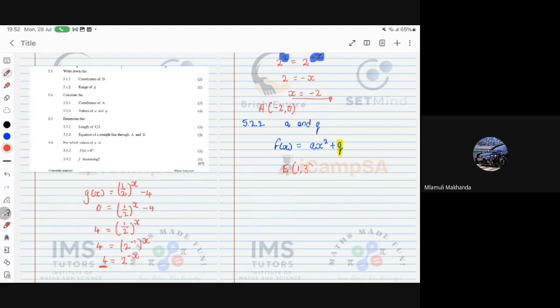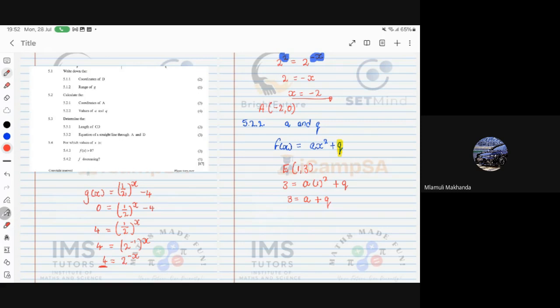So our graph of f at x. Let's substitute: 3 is equal to a into 1 cubed, squared plus q, and then 3 is equal to a plus q.